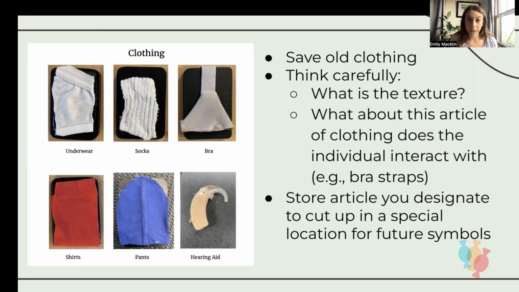And what I mean about what part of that article does the individual interact with? For example, if the learner is adjusting their bra strap and that's part of their experience with the bra more than other parts of the bra, that would be something to consider, and you would want that symbolized because that's probably the most salient part of that article for that individual person.